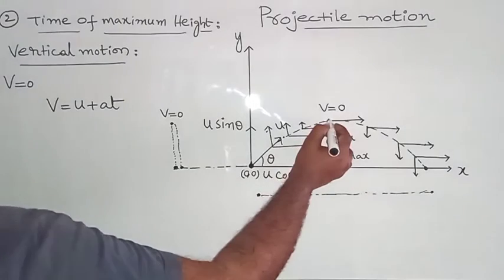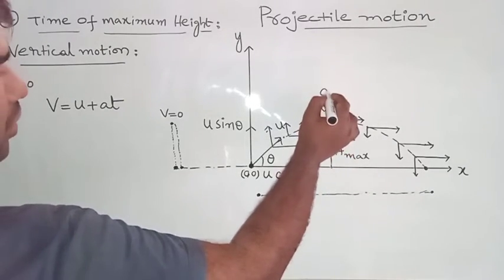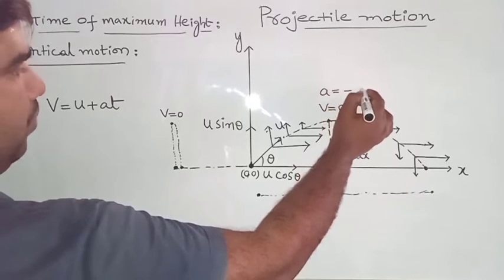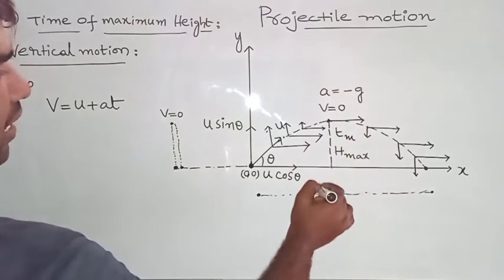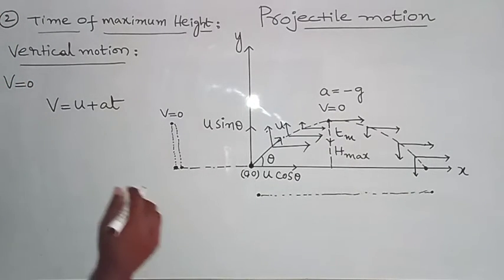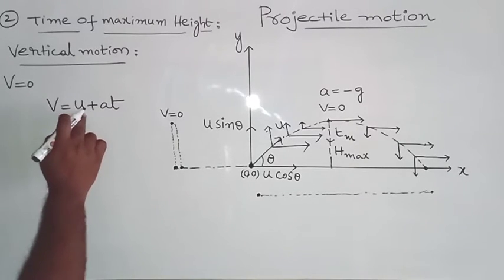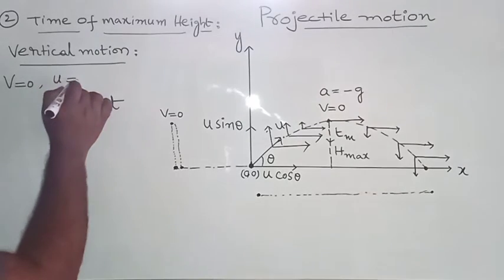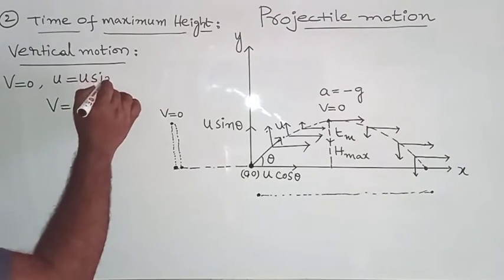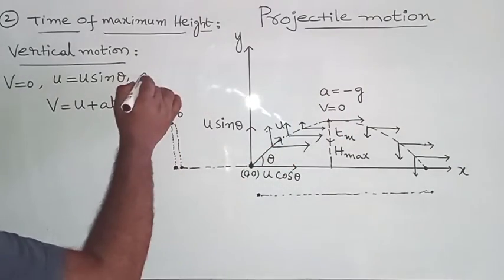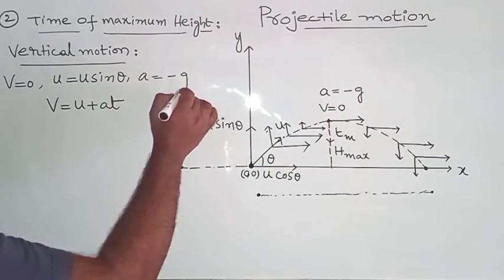At this point, the acceleration due to gravity in the vertical direction is A equals minus G. It acts in the downward direction. And the initial velocity is u sin theta in vertical motion. And the acceleration due to gravity A is minus G.